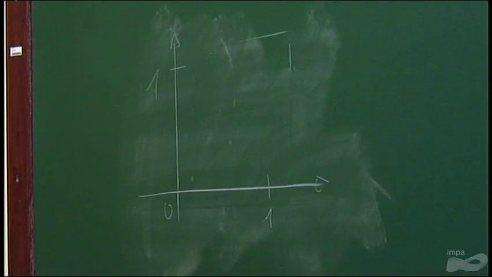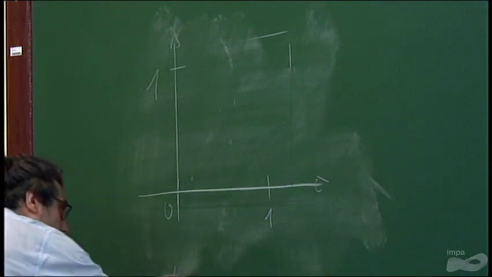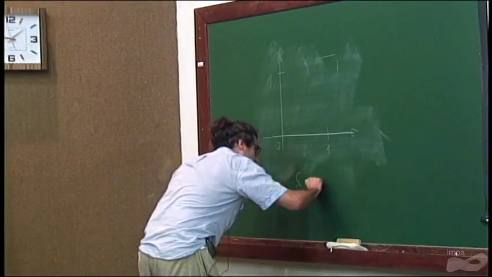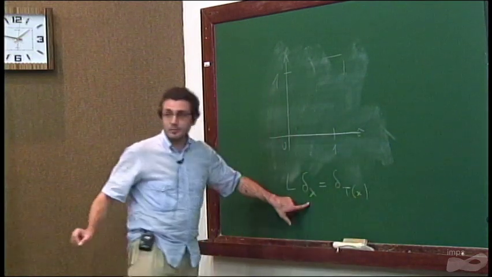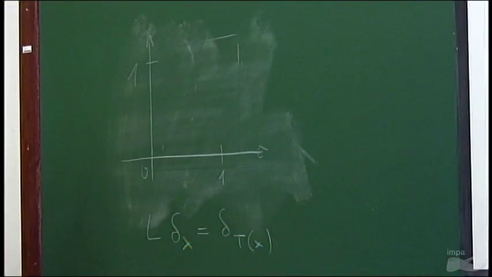So what happens when you apply the transfer operator to a Dirac delta? If you apply the transfer operator to the Dirac delta at the point x, then the image through the transfer operator of the Dirac delta at the point x is the Dirac delta at the point t of x.